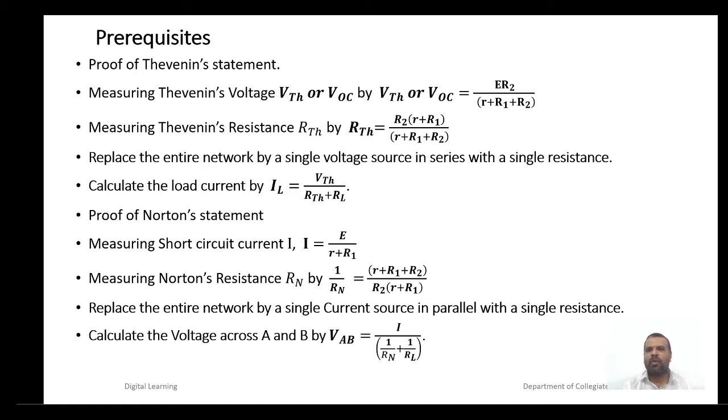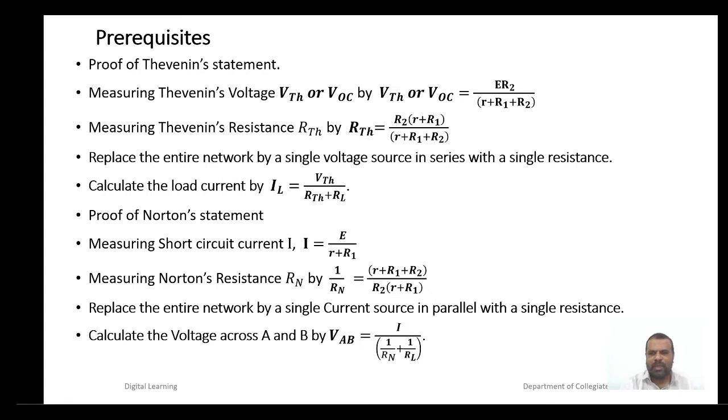After that, you replaced the entire network with a single voltage source in series with a single resistance. After that, you calculated the load current by using the formula IL is equal to VTH divided by RTH plus RL.